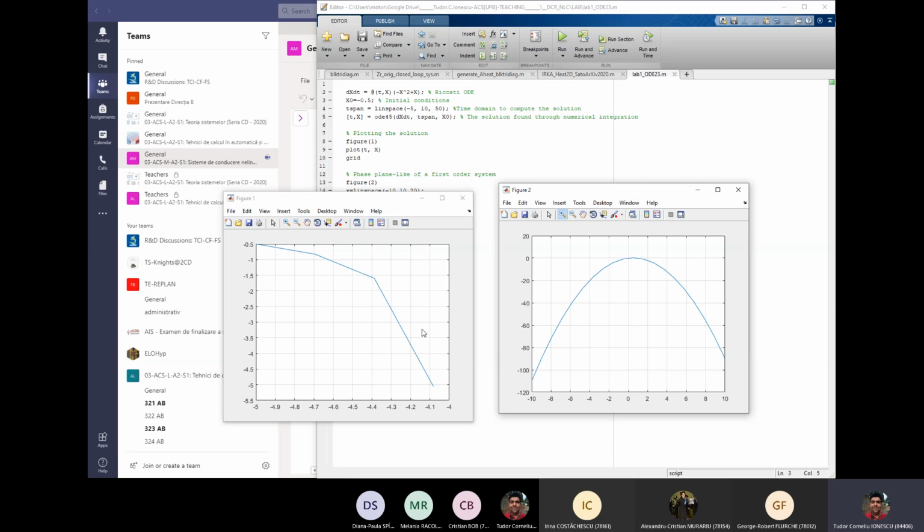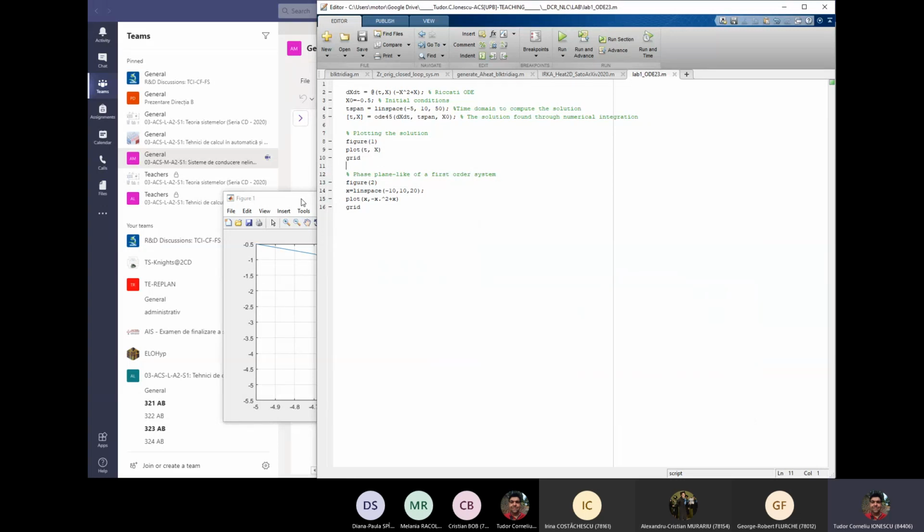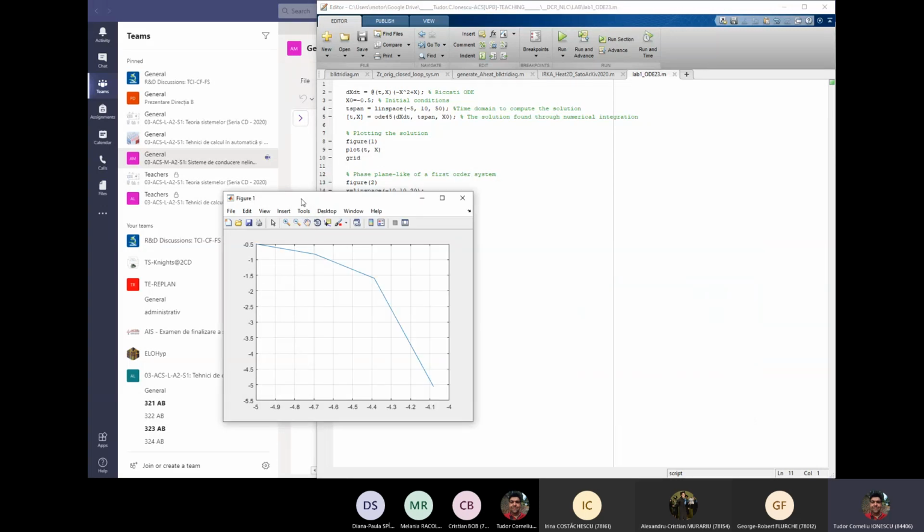This is probably a vertical asymptote. This is probably a finite escape time, when the trajectory goes boom at some time instance. So these things are quite interesting, and the analysis is different from what you do in the linear case.